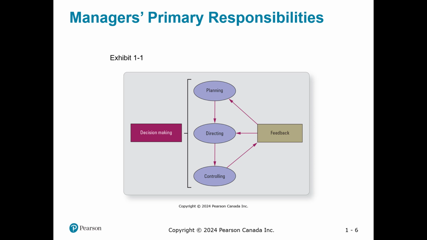Now, there are 4 primary responsibilities of managers. If we don't understand what managers are doing, then we can't provide the necessary information to them. So we've got decision-making, planning, directing, controlling, and then feedback. Notice feedback is going equally through all of them. Controlling gives us information, which will then affect our planning and our directing. Our directing is dependent on our planning, right?